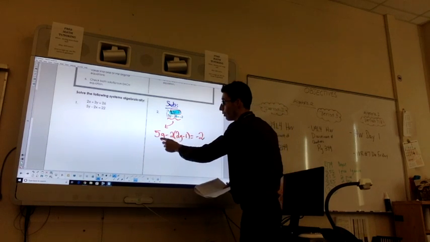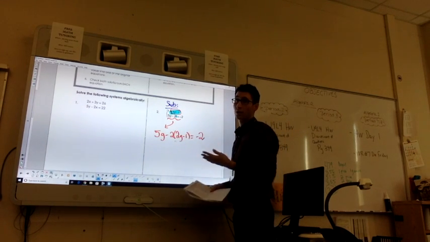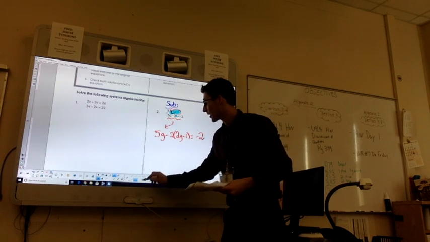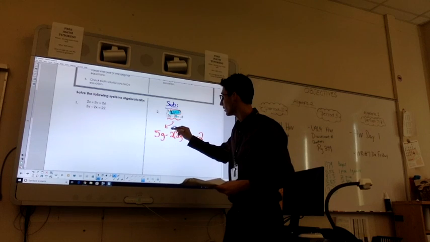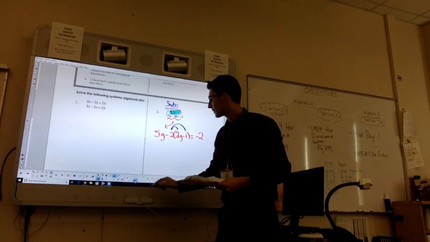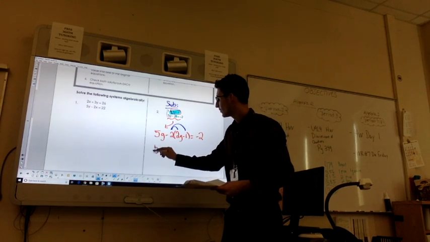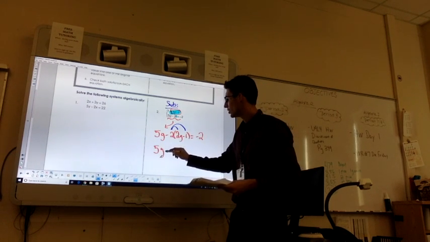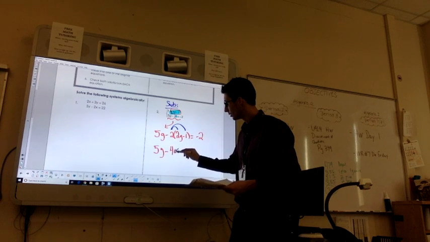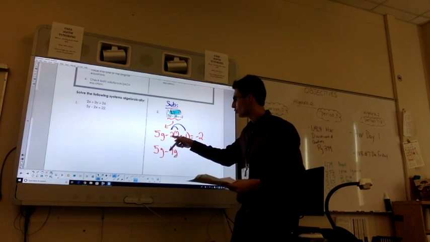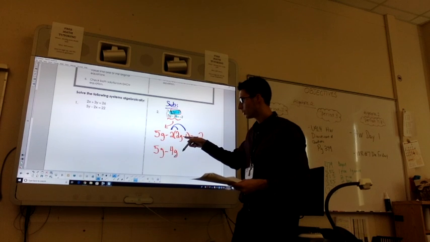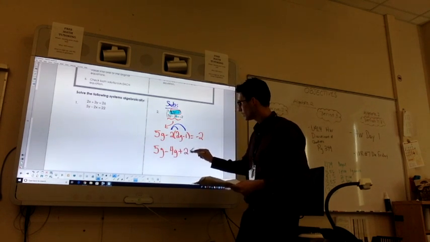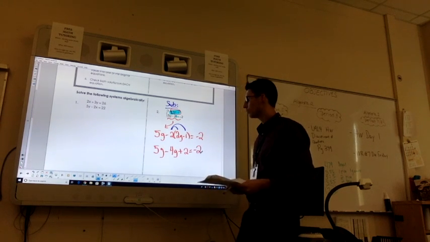Okay, now I have one variable, which is good. I can solve one variable. I need to get g by itself, but first I'm going to have to do some math here to simplify this down. So let's see, I'm going to have 5g minus 2 times 2g, so that's minus 4g, minus 2 times negative 1, well, negative times a negative is a positive, equals negative 2.